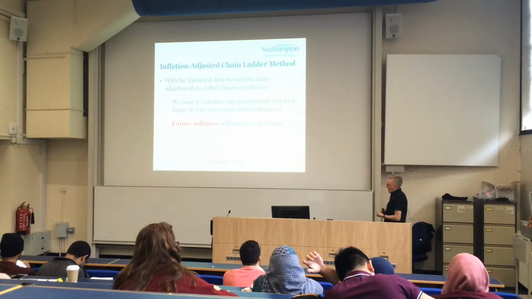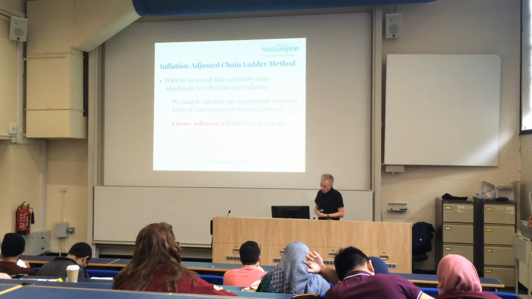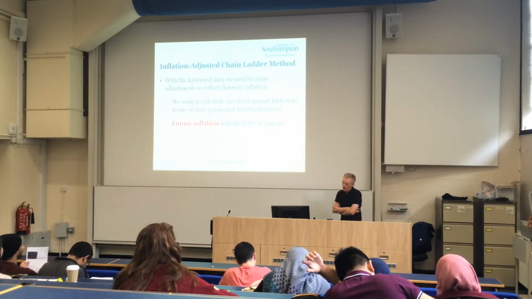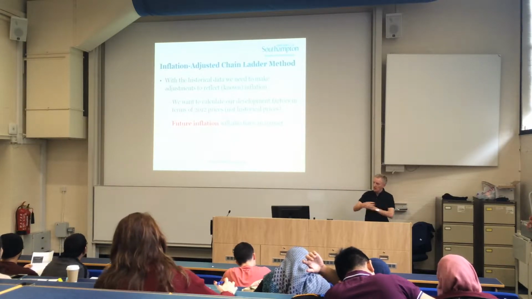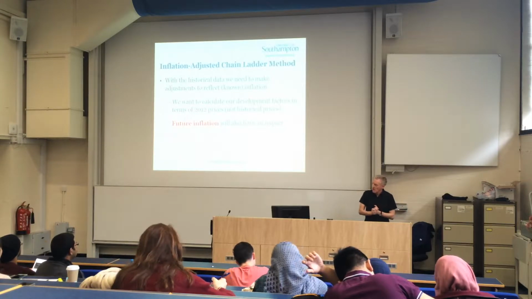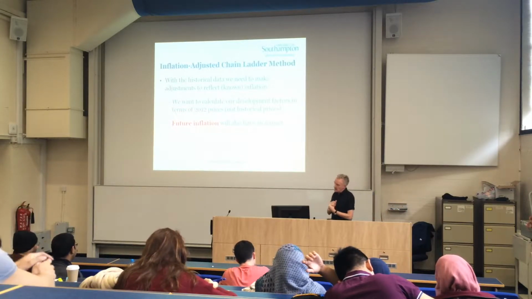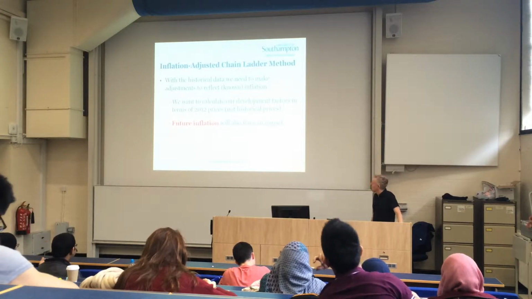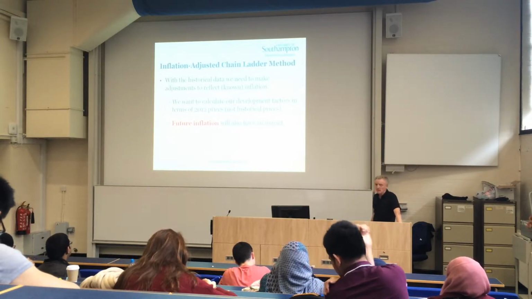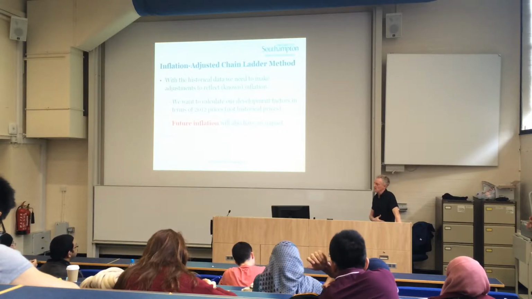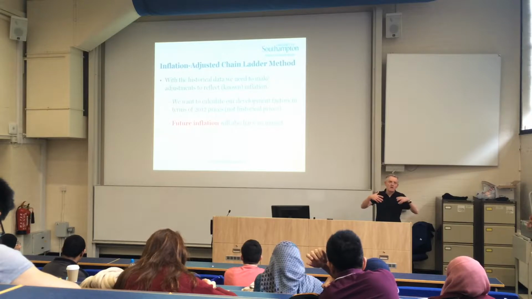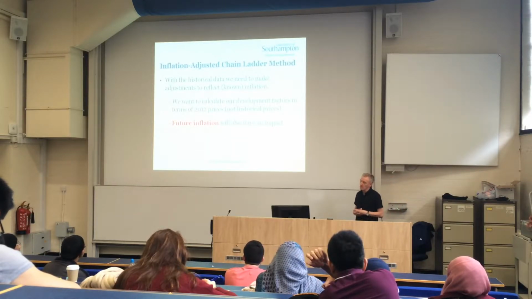All right. So the idea here is that, as I say, we need to take into account inflation that has happened in the past. And in that sense, using the basic chain ladder method, you'll remember that we calculated these things called development factors, which tell us how claim payments will emerge in the future over what we call development years.